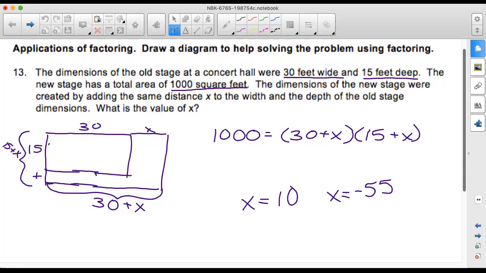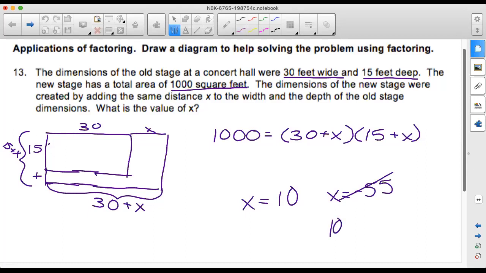So I'm not going to go through the foiling process here. We know how to do that. You would then get 10 and negative 55. If you didn't get that, you probably just had a mistake foiling. Faith, which one of these is not the answer? Negative 55. Good. So then we know that we are adding 10 feet to each side.